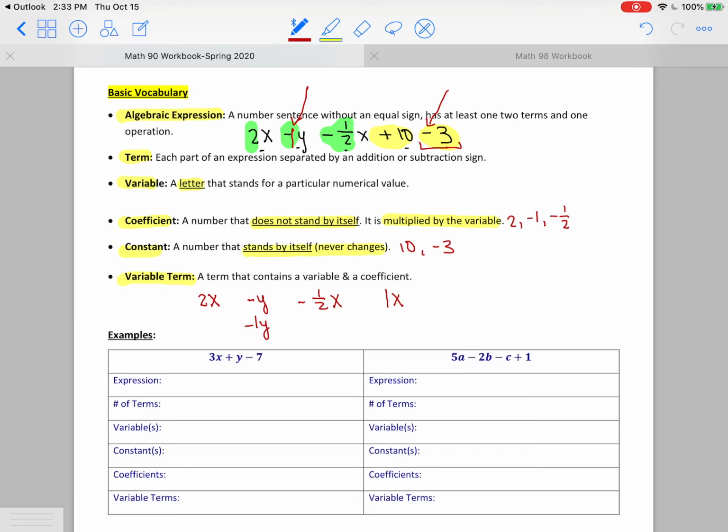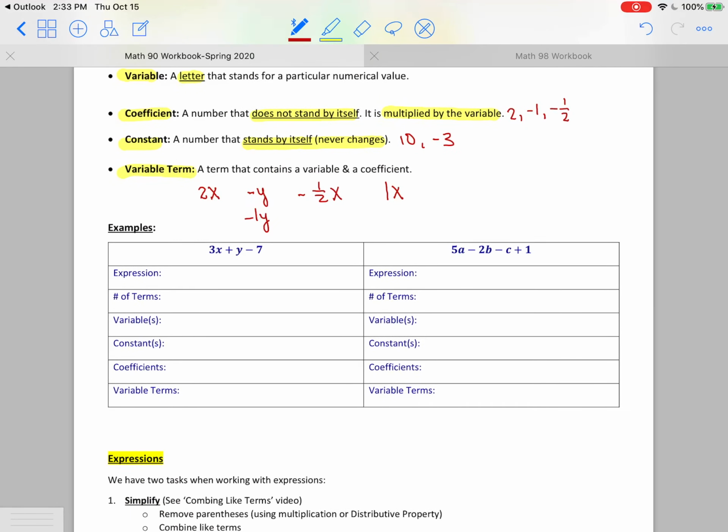All right, guys, so that's some basic algebraic vocabulary that you guys are going to need to know. Let's just practice these a little bit down below here. We have an expression here, which is 3x plus y minus 7. So the expression itself is the whole thing, 3x plus y minus 7.